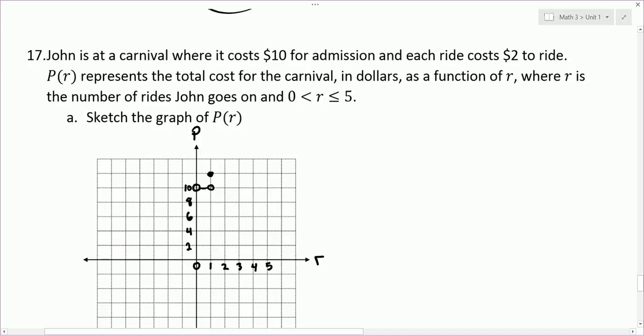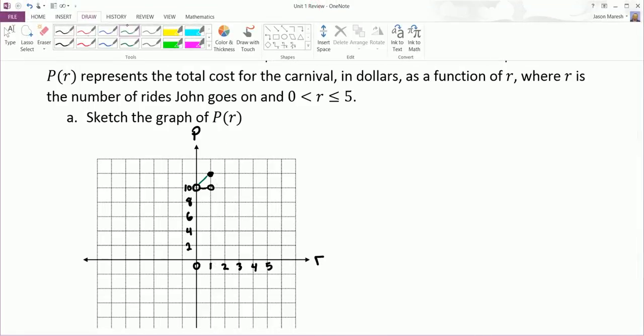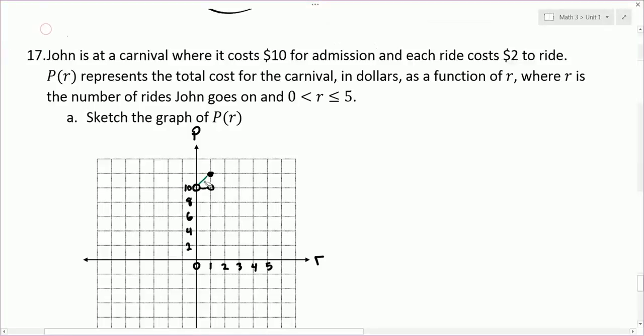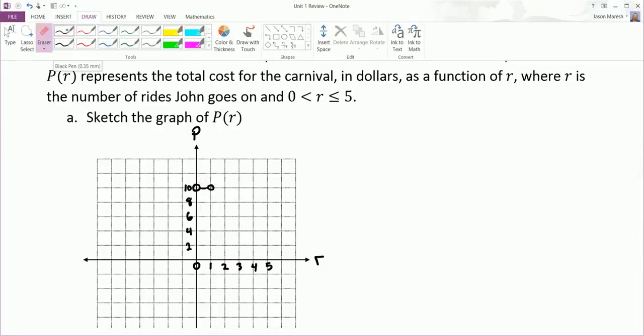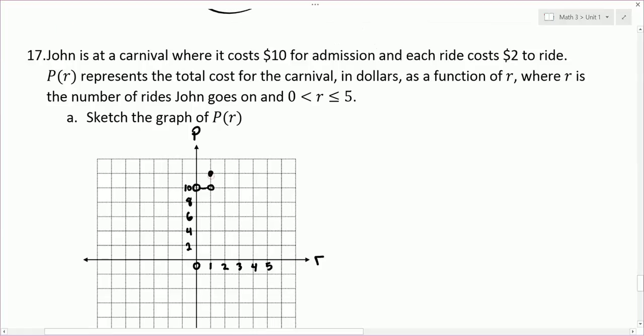It's not increasing. I don't want to draw this like a slant line from those 2 points because you're not paying anything between $10 and $12. There's a jump at one ride from $10 to $12. So I have to draw these, in a sense, steps or horizontal lines to represent this.